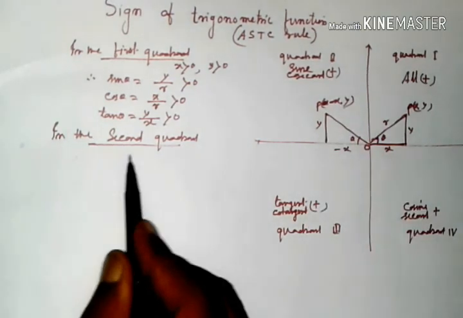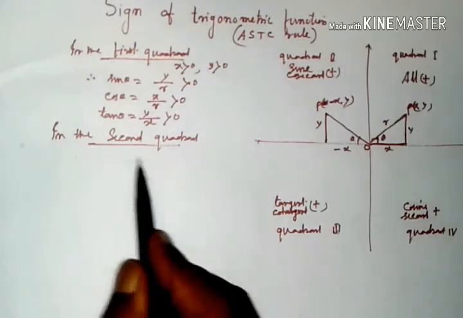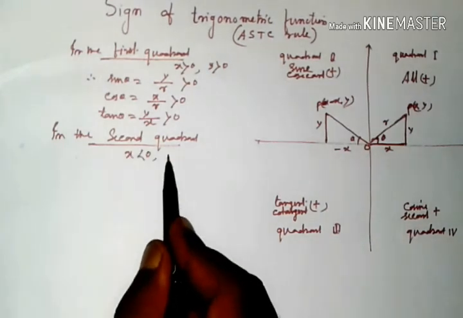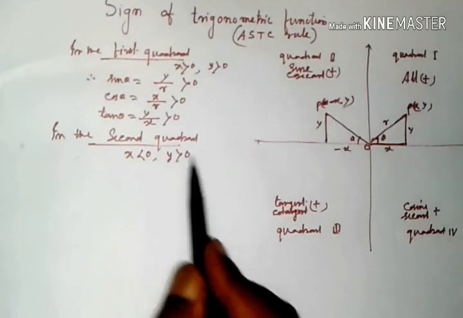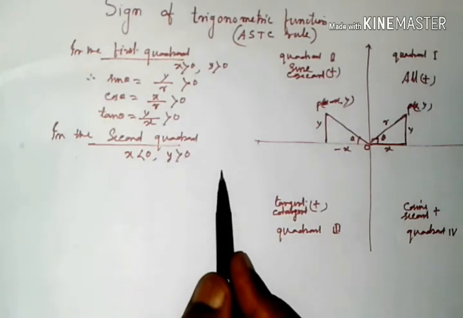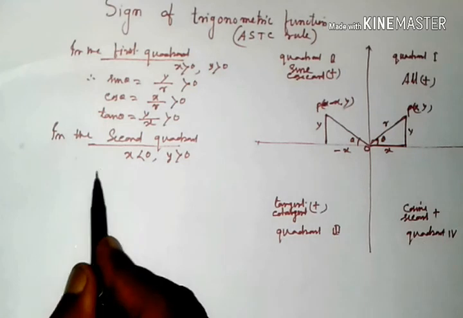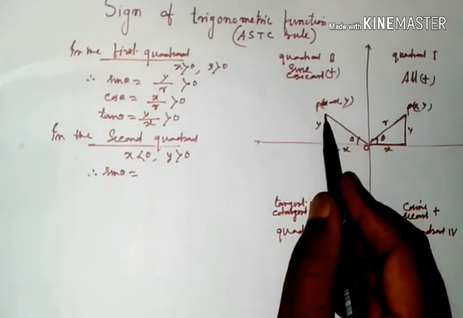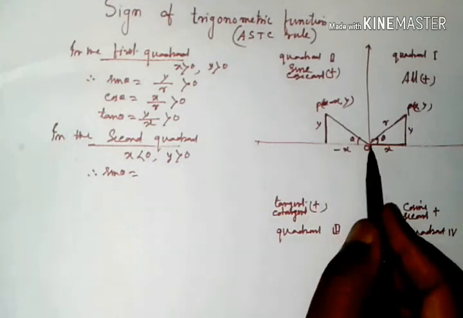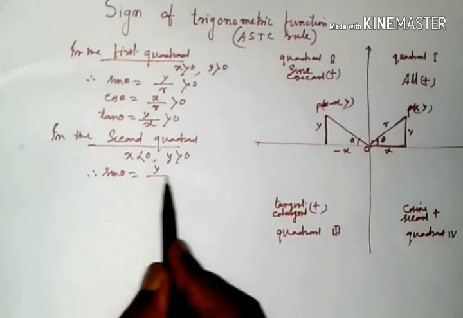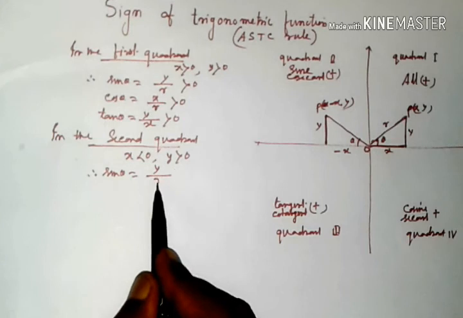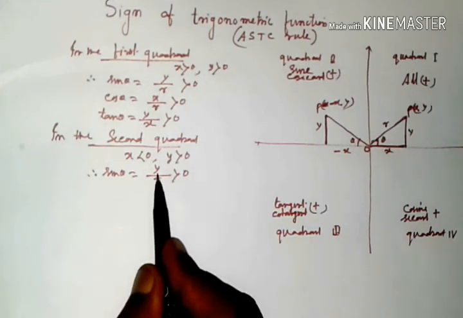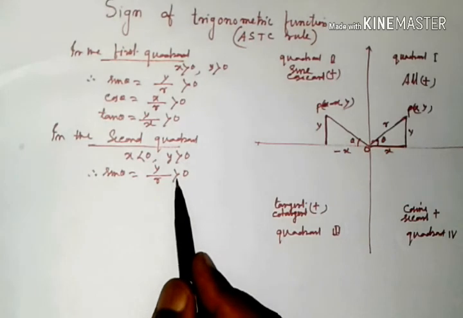In the second quadrant, x less than 0 but y greater than 0. Therefore, sin theta is equal to perpendicular by hypotenuse, y by r, which is greater than 0. Since y greater than 0, therefore y by r is greater than 0.